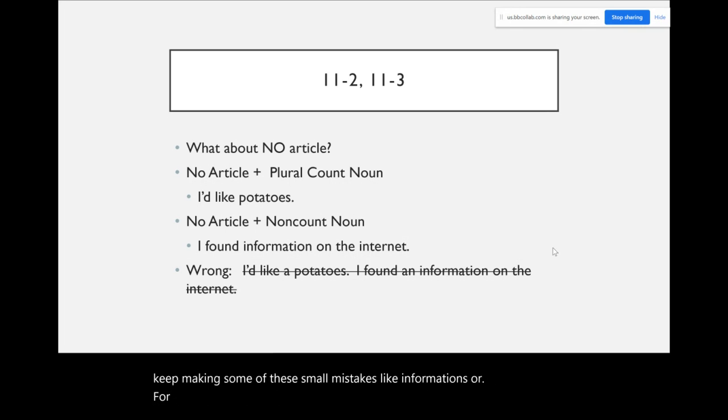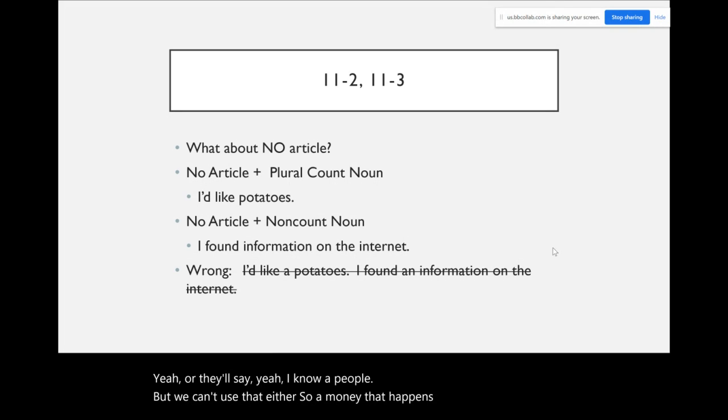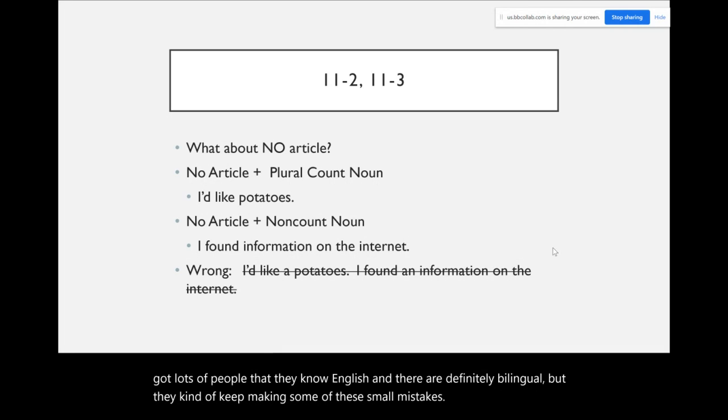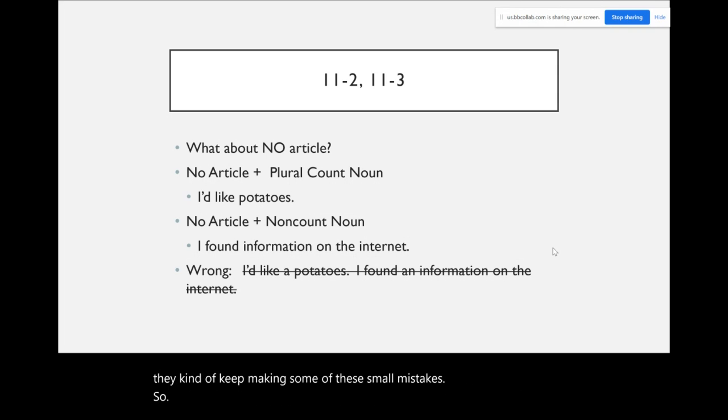Or they'll say, I know a people, but we can't use that either. So that happens a lot in our society. We've got lots of people that know English and are definitely bilingual, but they keep making some of these small mistakes. Yeah, it's a very common mistake.